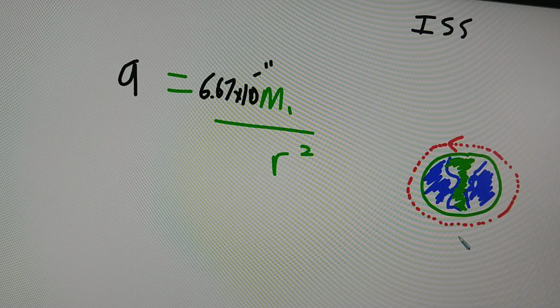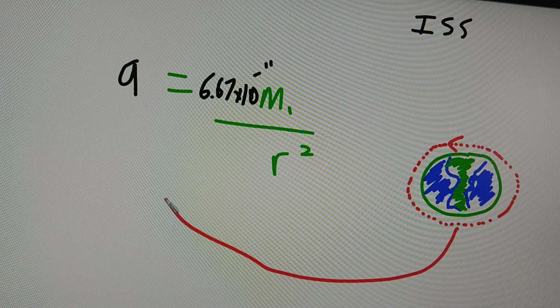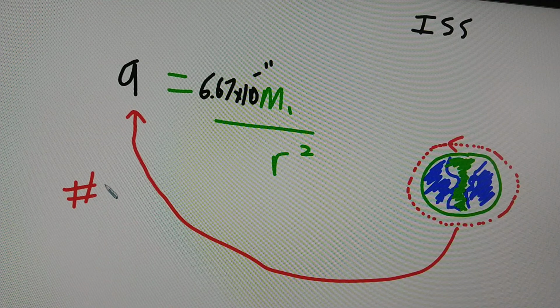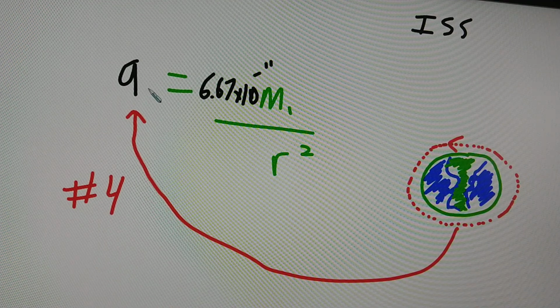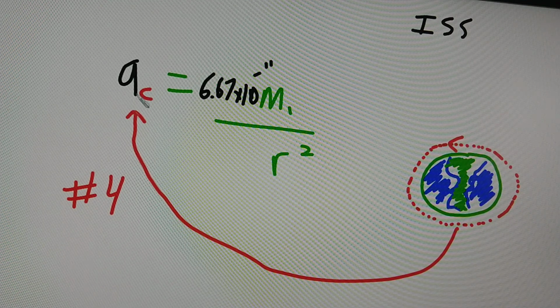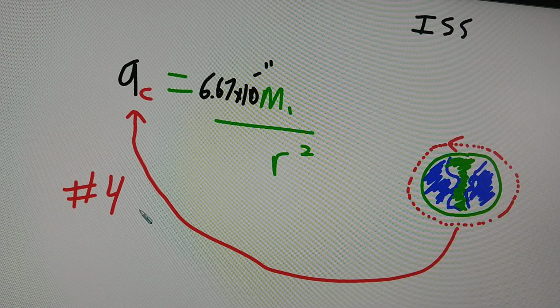So for number 4, I want you to tell me 2 letters, or what part of a formula. Let's get rid of this letter A right here. And I want you to tell me 2 letters we could put here instead of the letter A. It comes from a formula. You're right.